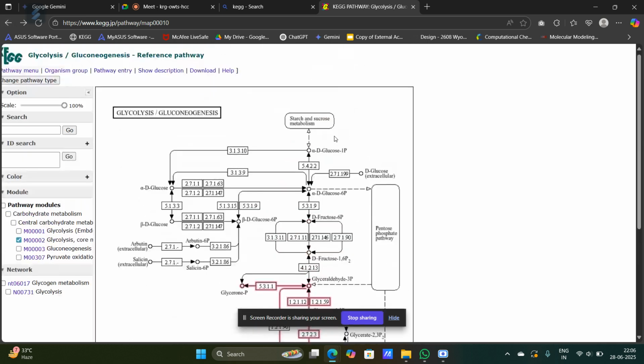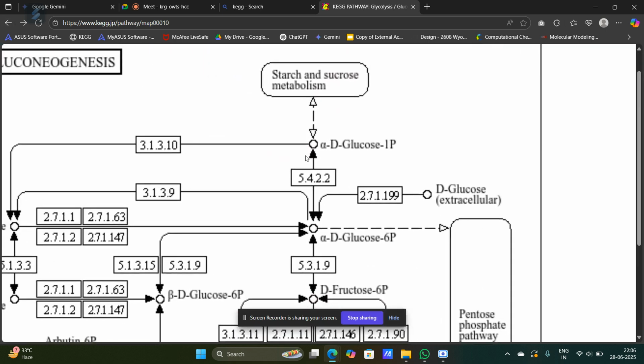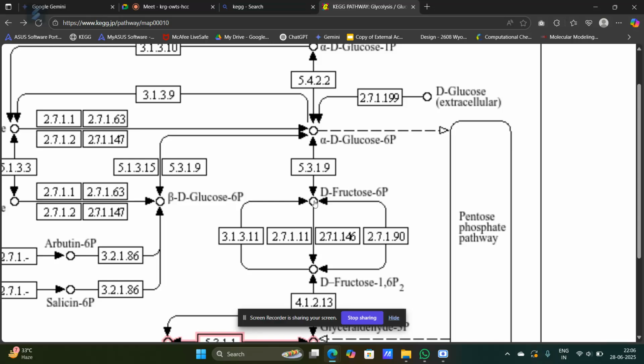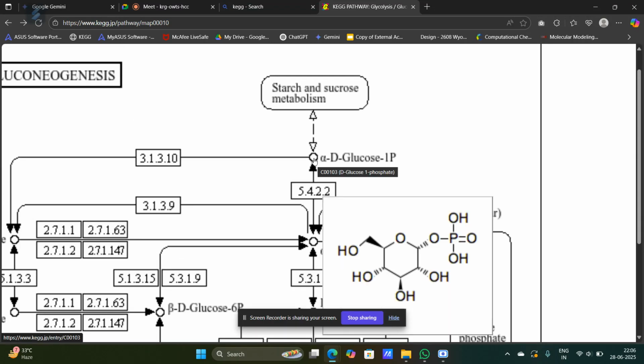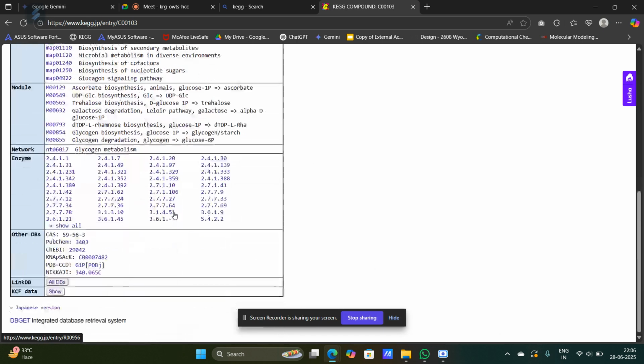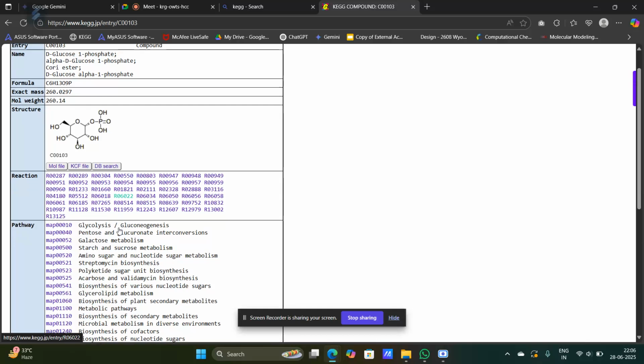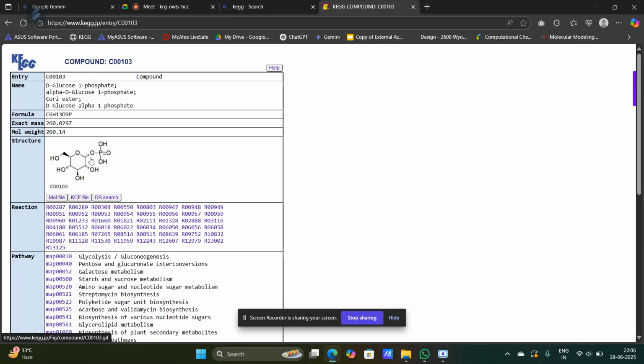Now, let's click on this D-fructose, or maybe the first one, alpha D-glucose. If I click on this circle, I'll get this, and this is nothing but the KEGG Compound database result. Here I have the ID for this alpha D-glucose 1-phosphate.